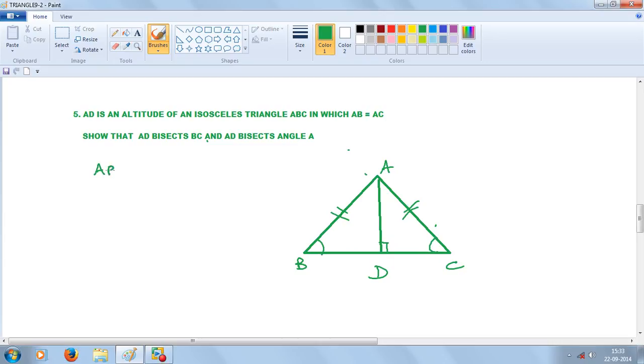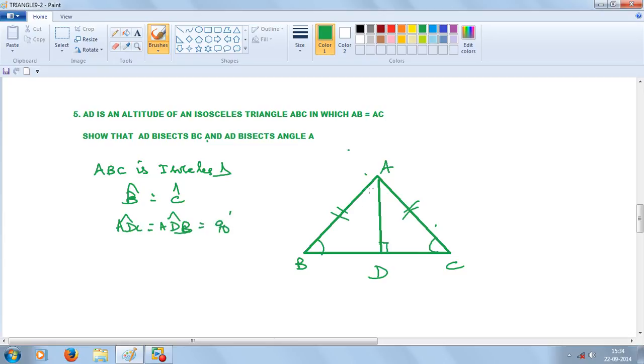So ABC is an isosceles triangle, angle B is equal to angle C. And we know angle ADC is equal to angle ADB is equal to 90 degrees.